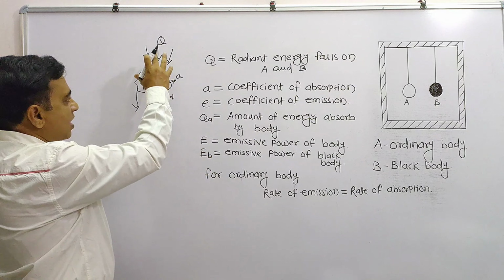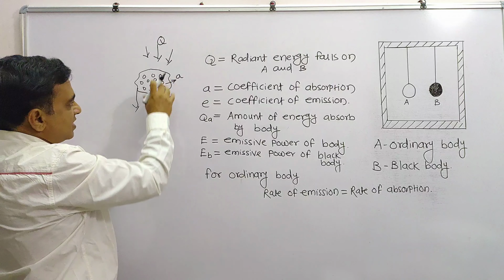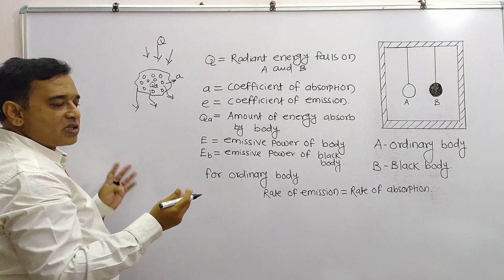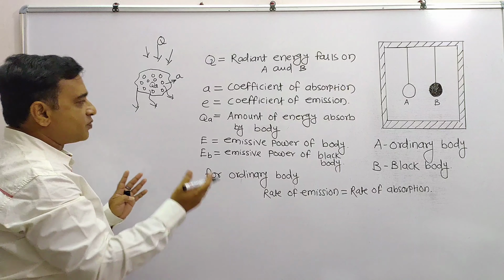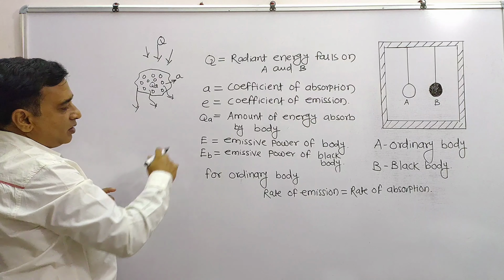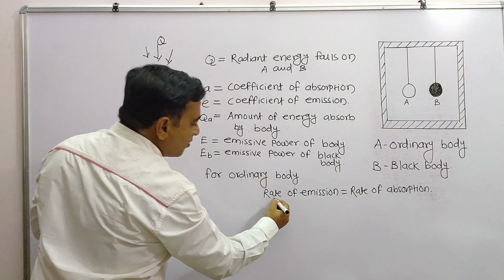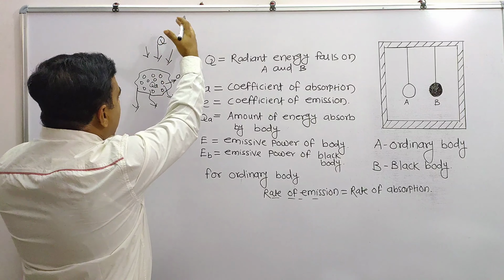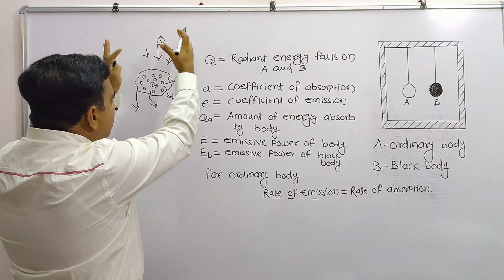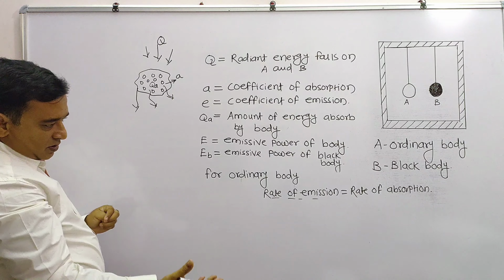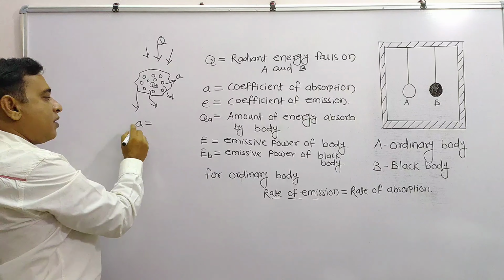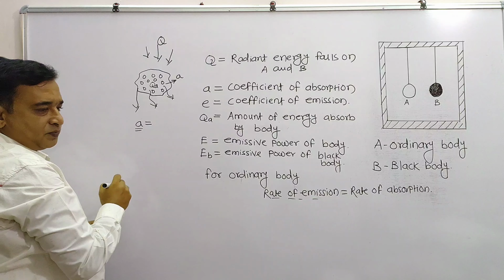Whatever energy is absorbed, it will release again in the form of packets of energy, photons. So the energy emitted depends upon the absorption of energy falling on its surface. So A is the coefficient of absorption.